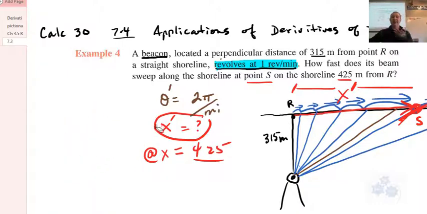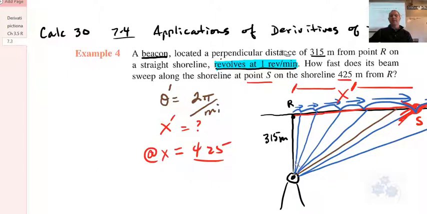This is a tricky problem, so that's why we're going over it. Once again, we have a beacon situated 315 meters from the shore, and that's not going to change. The lighthouse is not moving. What is moving is the rotating of the light, so we've got a rate attached to that: 1 revolution per minute, or 2 pi radians per minute, because revolutions aren't a variable but angle is.